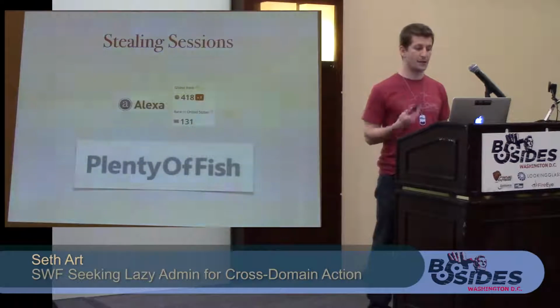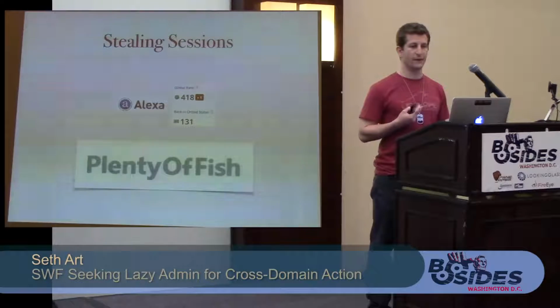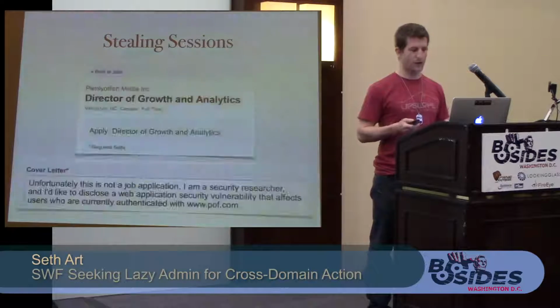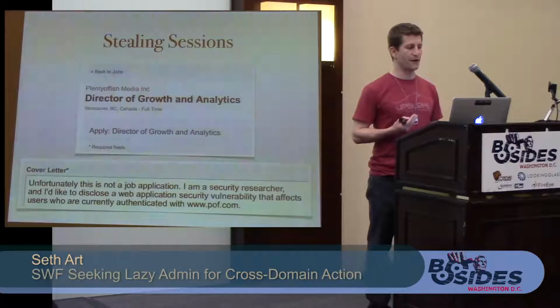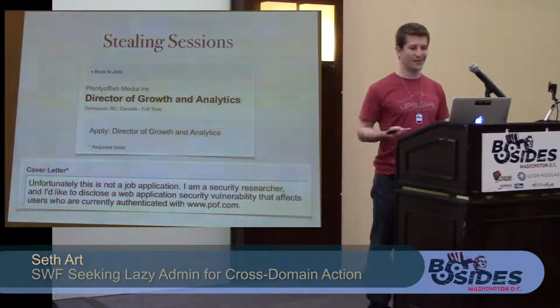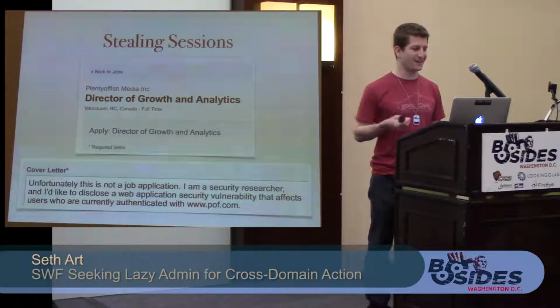Unfortunately, they didn't exist, so they bounced back. The next thing I tried to do was fill out the About Us, Contact Us customer service page on their website. Unfortunately, that was just a black hole. I didn't hear anything back there either. So as a last-ditch effort, I went to careers.pof.com, found a job application, and applied to it with the disclosure instead of a cover letter and resume.